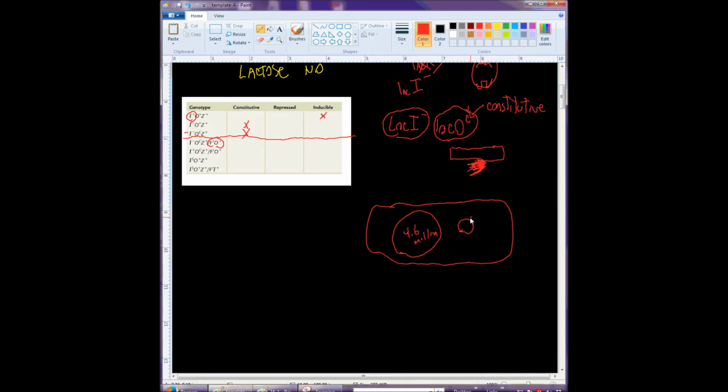And we're calling this particular one F', and there's a reason for that, and we're not going to worry about the details of why it's called F'. But there can be genes on the F' plasmid. I'm going to call this a plasmid again. Let me change back to yellow. I think it's a little easier to see. Okay, plasmid.